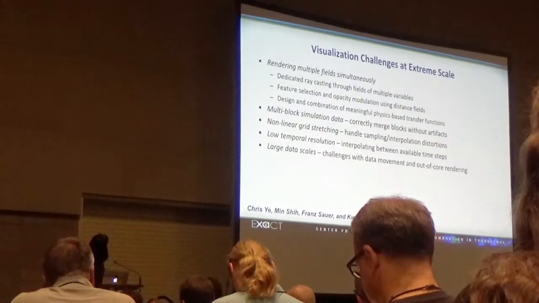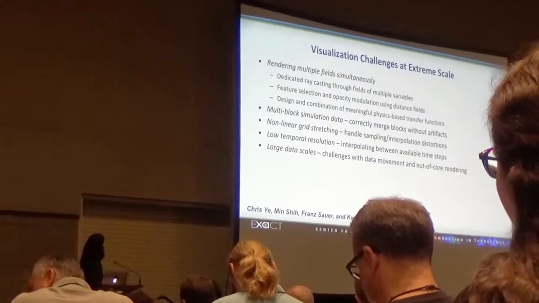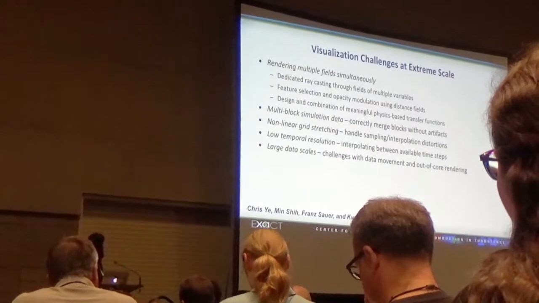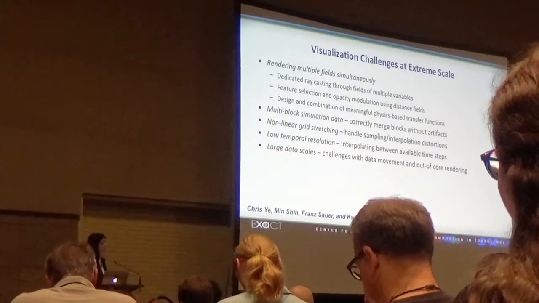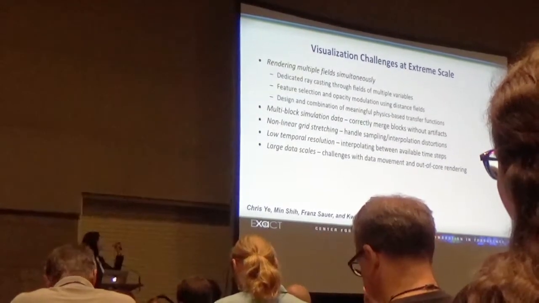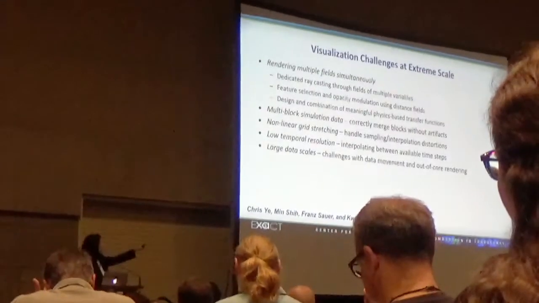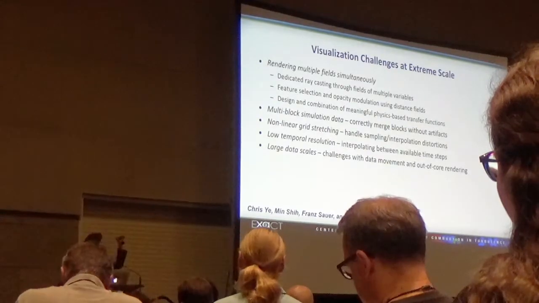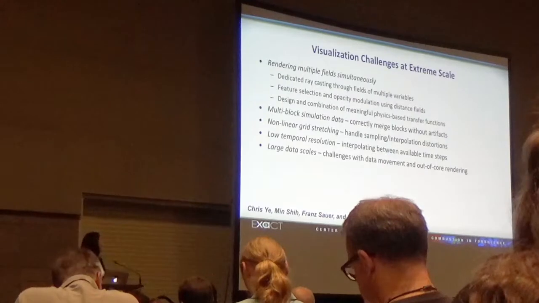We have to be able to select features that we want to bring out, and to do that we use opacity modulation using distance functions. So the 1150 Kelvin isosurface representing hot ignition, we can use a distance function to start to blur or resolve more coarsely as you move away from that front.